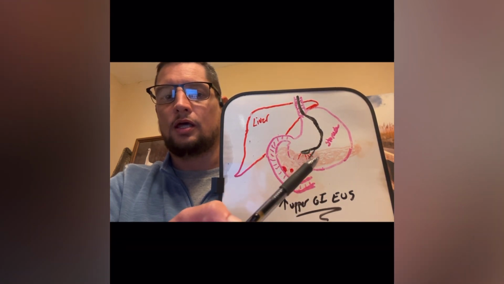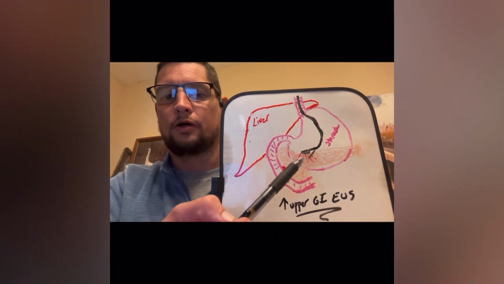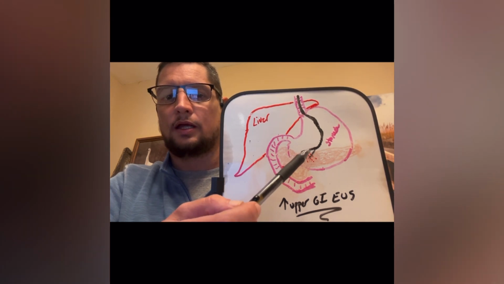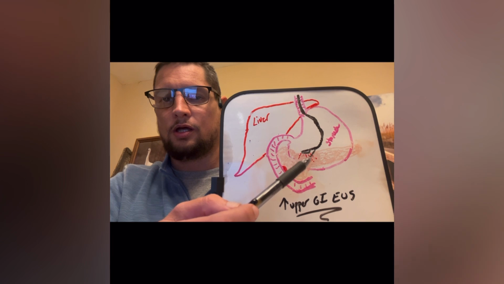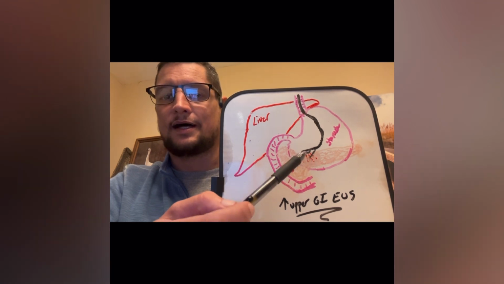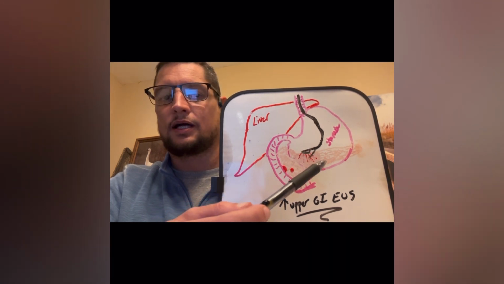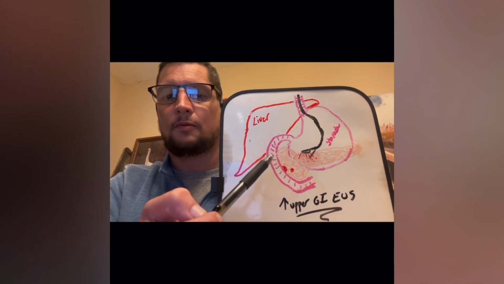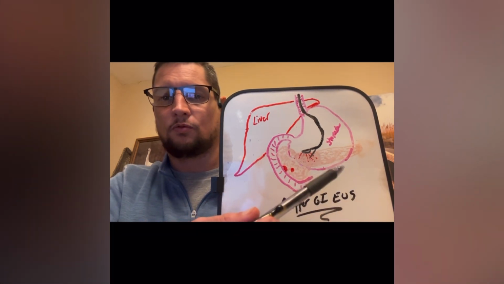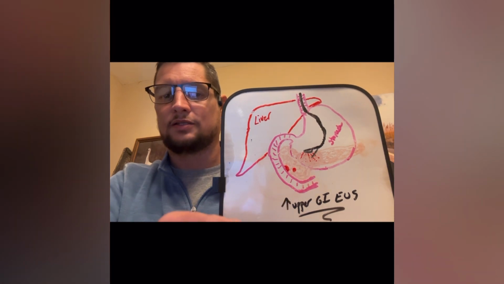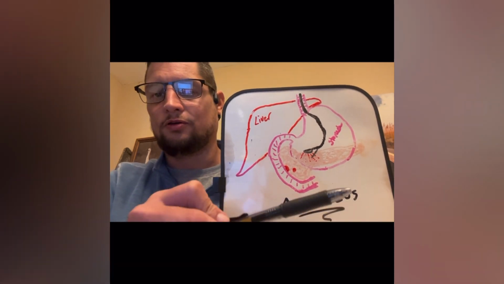Now on the end of the scope here, I put where the actual ultrasound is, and it's projecting ultrasound waves that send sounds back and forth, so we can see if anything is abnormal. On this specific patient, we're looking at the pancreas. I didn't do a very good job.